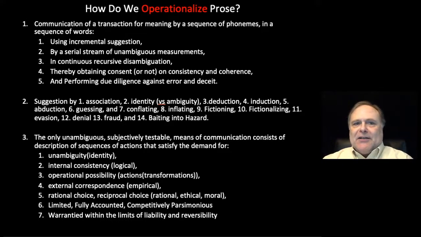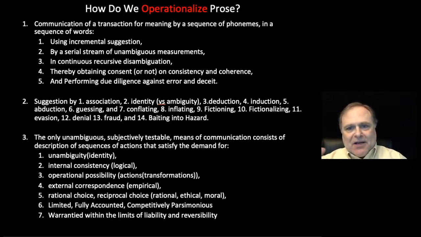So that's how we operationalize prose at a high level. That's what we're trying to accomplish by operationalizing prose. We're trying to satisfy the ability to reduce something to subjective testability that allows us to avoid the use of language for suggestion to conduct or participate in ignorance, error, bias, deceit, wishful thinking, fraud, treason, and war.